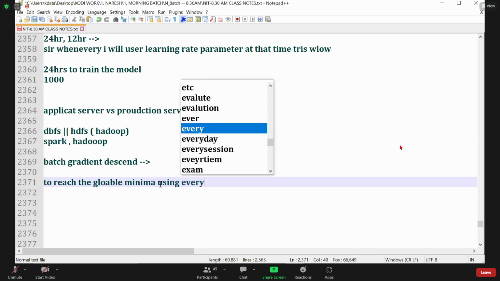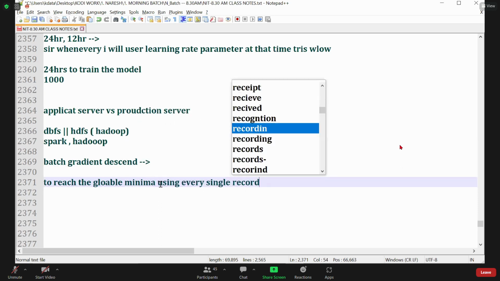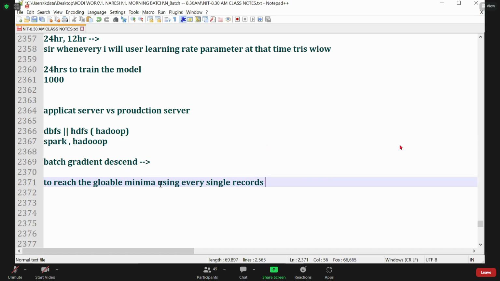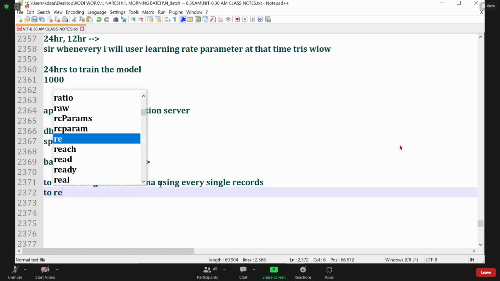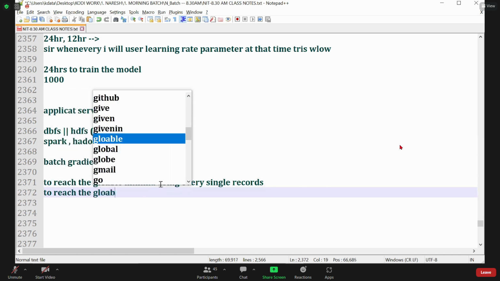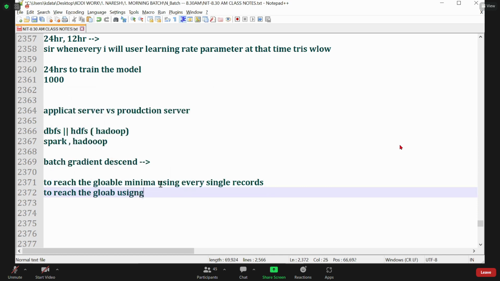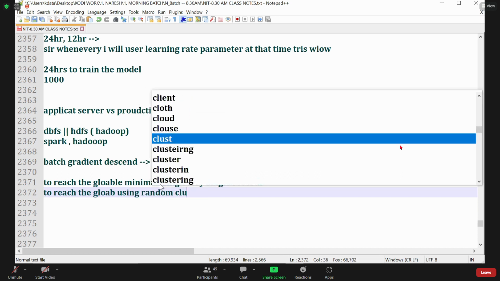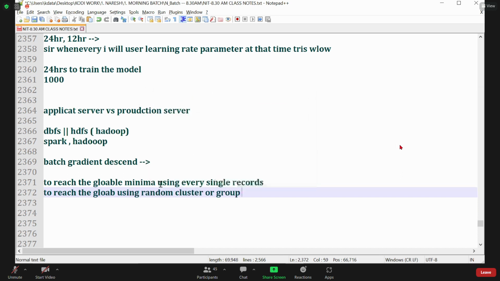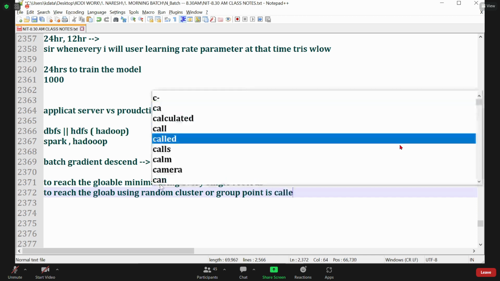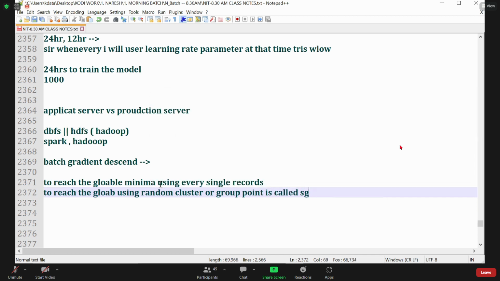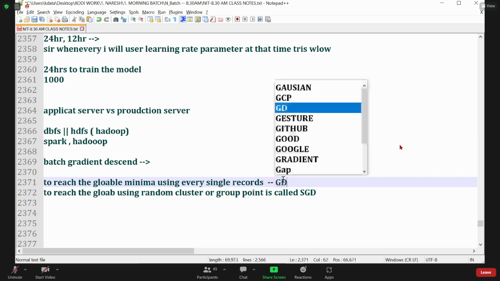In deep learning, a pass over every record is called an epoch. Now, reaching the global minima using a random cluster or group of points is called SGD, stochastic gradient descent. SGD. This is called GD.